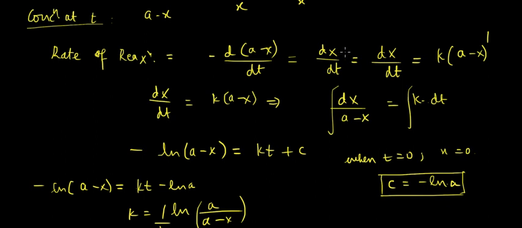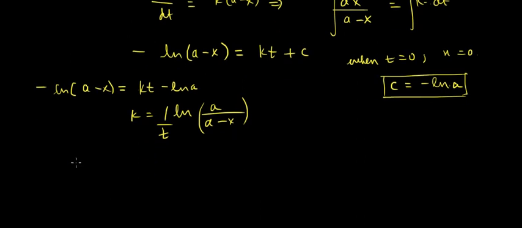Because we can see that dx by dt can also be written as kd times (a minus x), because this is the rate of disappearance, and fortunately the stoichiometric coefficient is also 1, hence kd(a minus x) would be equal to k into (a minus x), so kd would be equal to k.